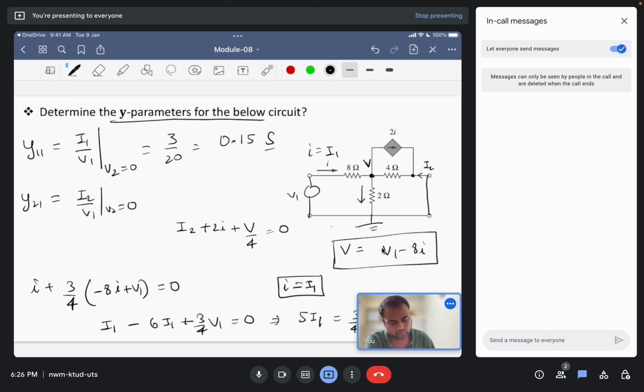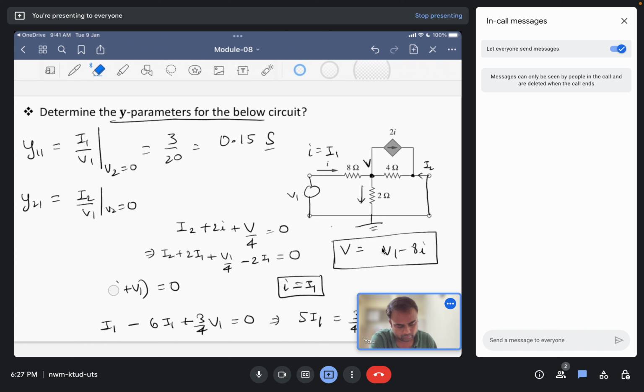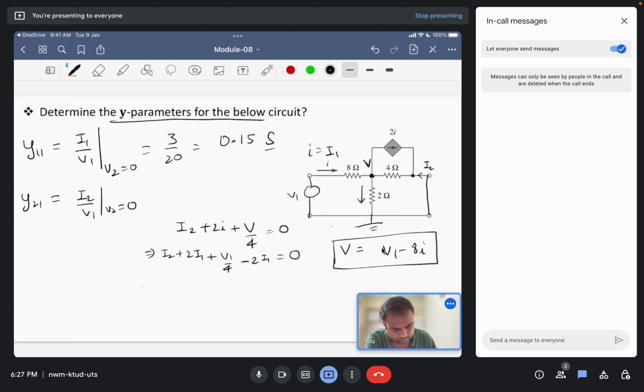So if we put this, I2 plus 2i1 plus V1 by 4 minus 2i1 equal to 0. Now from here we have to calculate I2 by V1.